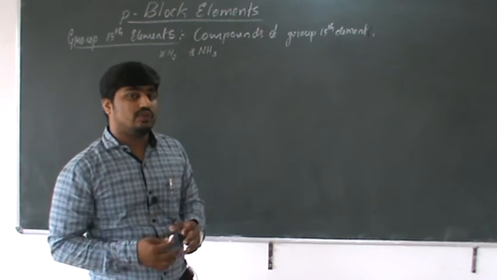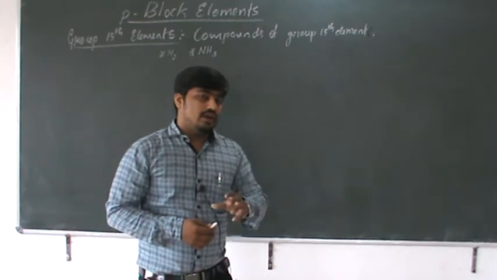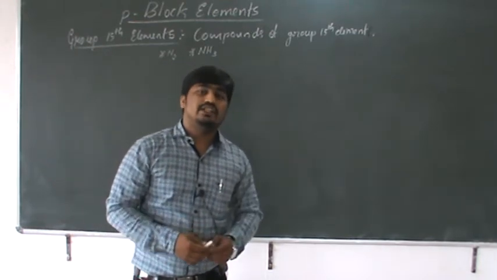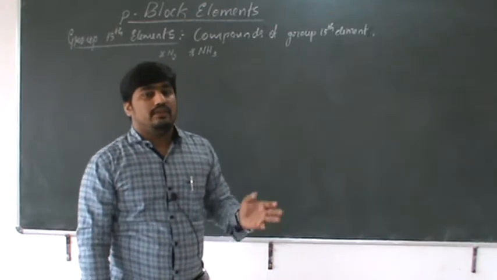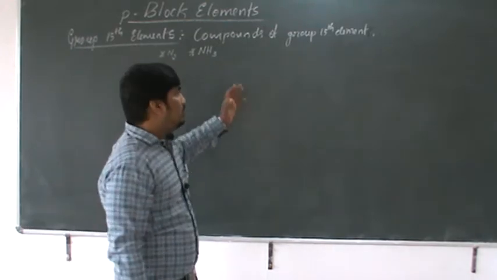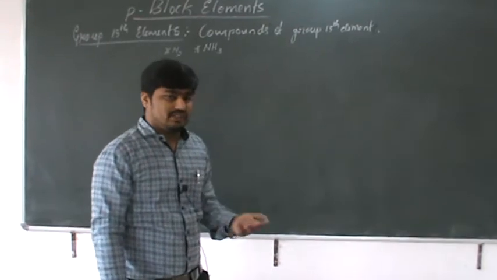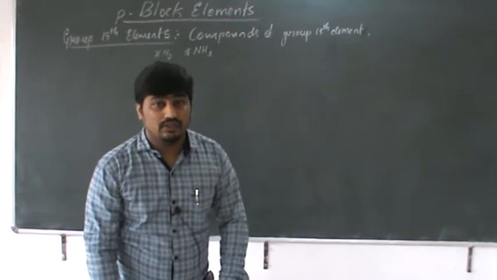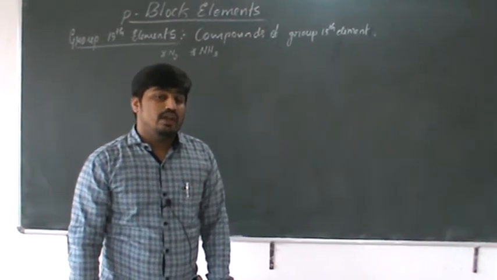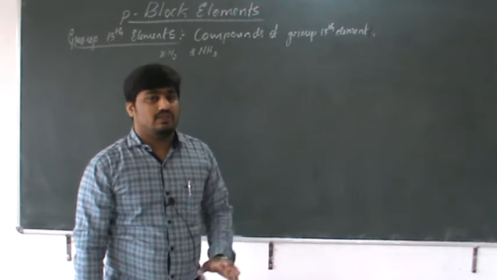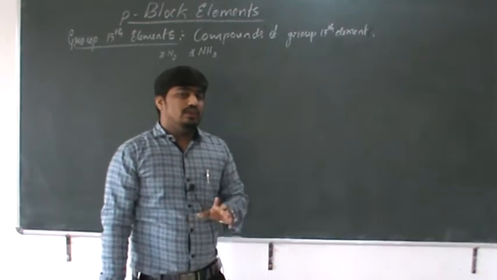How to get a large quantity of ammonia? That is the application part of Le Chatelier's principle. Next is the flow chart, which is also important. The reaction is also important. Now the next is uses of ammonia.